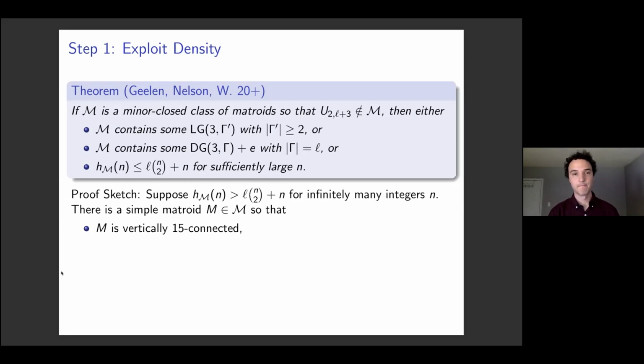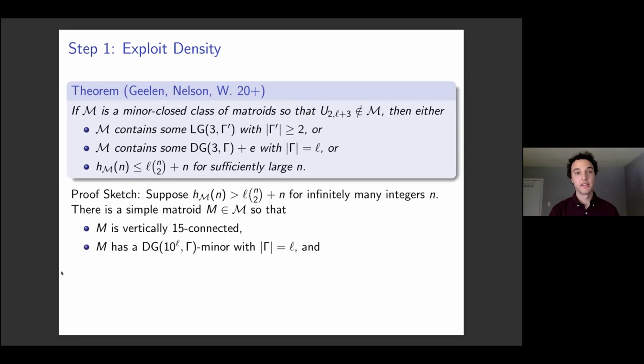And this is a more general property of quadratically dense minor closed classes. You can always find extremal matroids which are arbitrarily highly vertically connected. That was proved by Jim and Peter. But we just need vertical 15 connectivity for this proof.